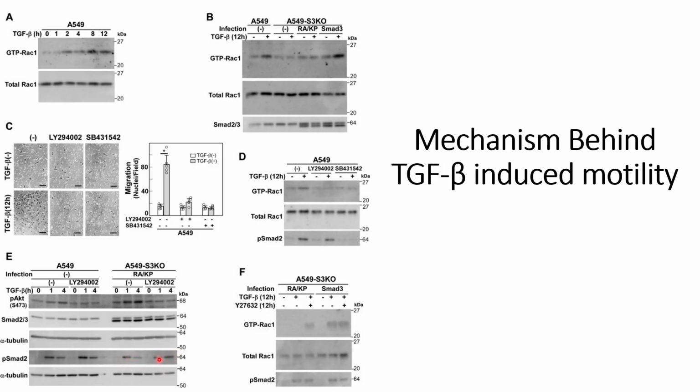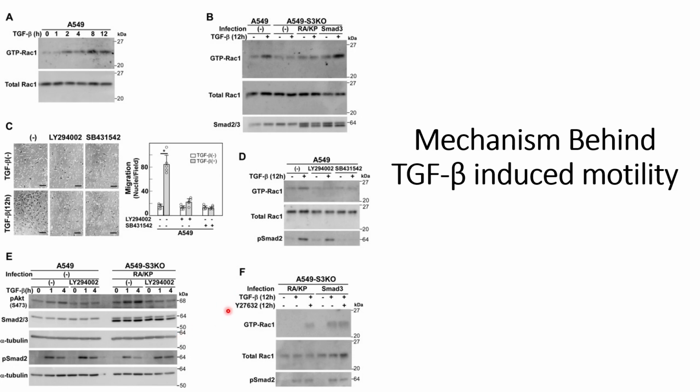But when they use PI3K inhibitors, they can see a continuous rise in phosphorylated SMAD2, indicating that in the A549 SMAD3 knockout cell lines infected with the mutated SMAD3, the SMAD signaling pathways are being activated, but the PI3K pathways are not being activated.